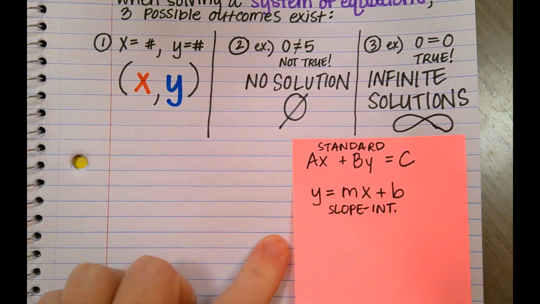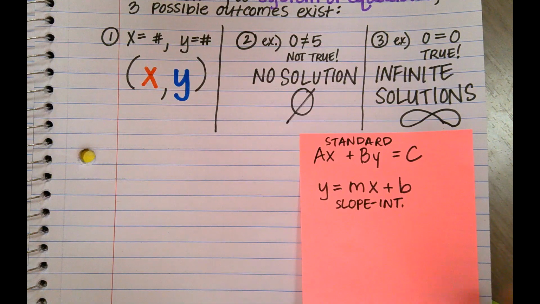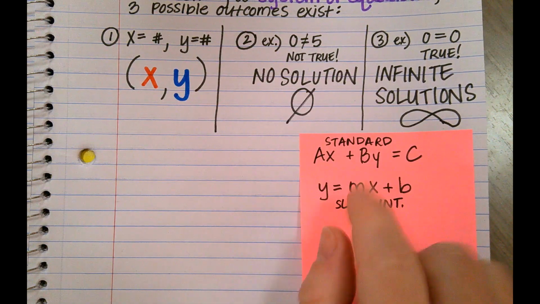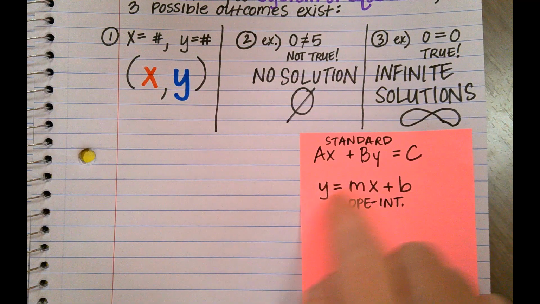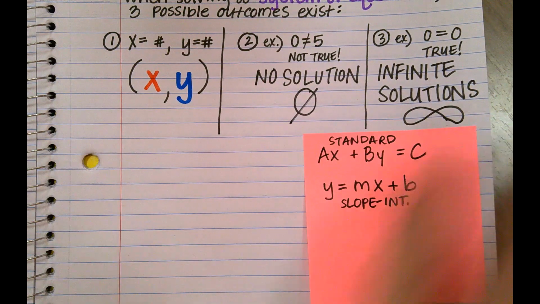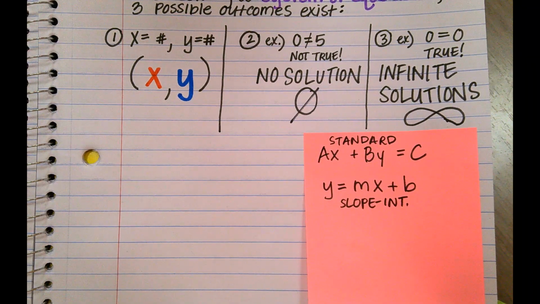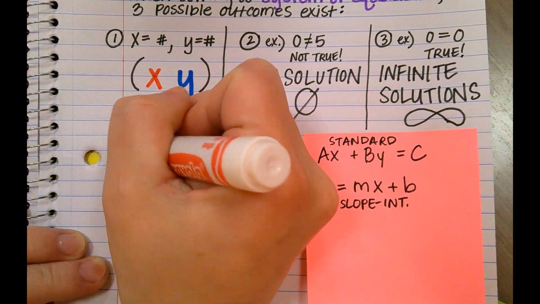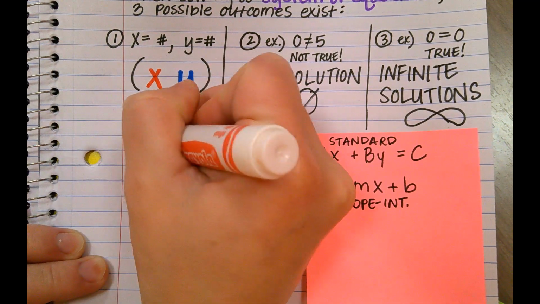So elimination is a little bit different because when we use this next method we'll talk about, you are not going to have an equation in slope-intercept form. You're going to have 2 in standard form. Let's make a note. I'm going to use red. I'm going to write the word elimination.